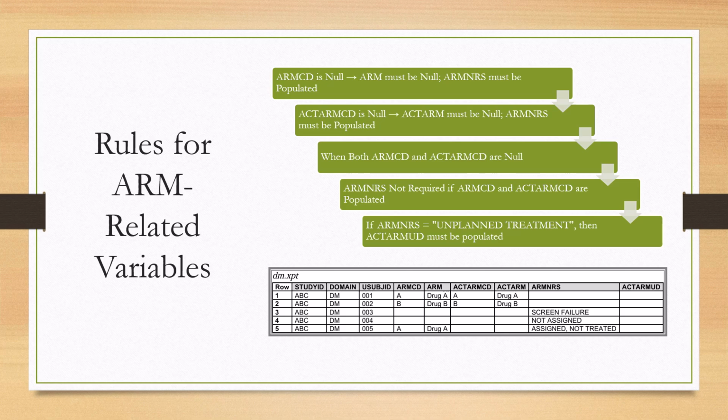However, if the ARM NRS is populated as unplanned treatment, that is the case where the subject was assigned to a treatment which was not planned, and in that scenario you will have the ARM NRS variable populated as unplanned treatment, and the ACT ARM UD will be populated with the description of why the unplanned treatment was given to the subject. The reasons can be such as by mistake or similar to that.